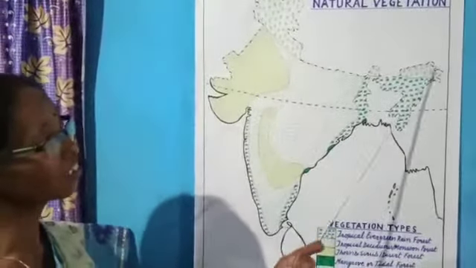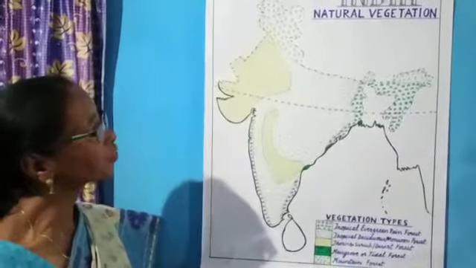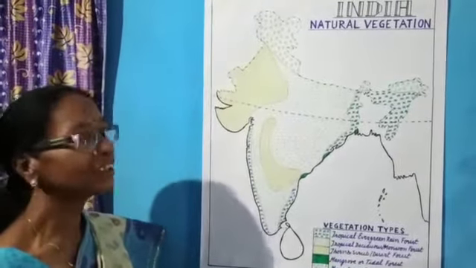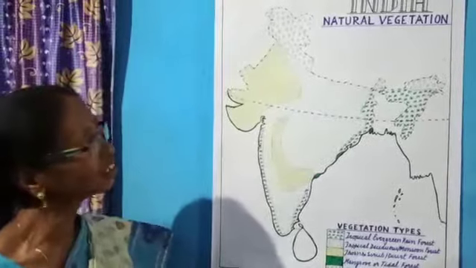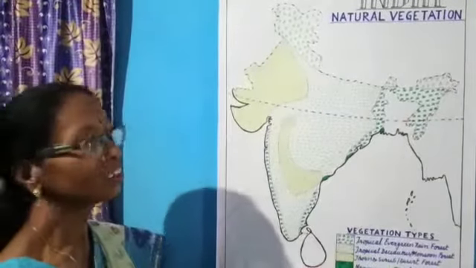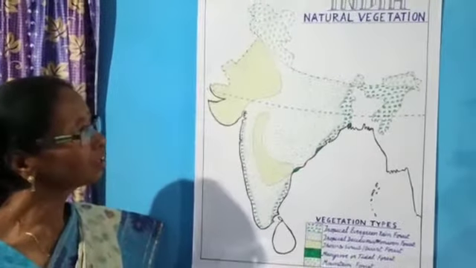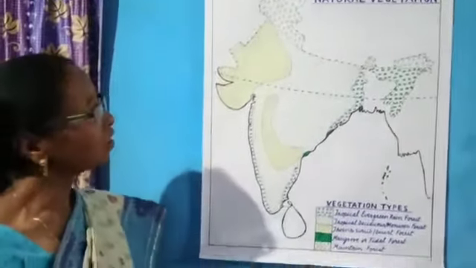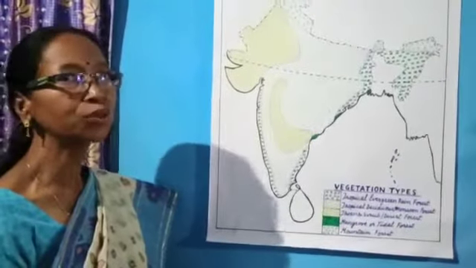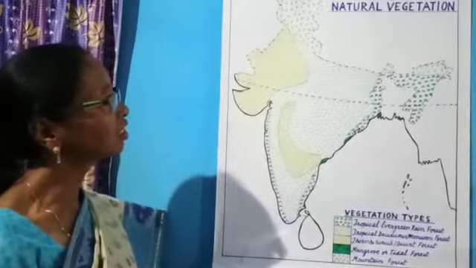of the Himalayas, there is less vegetation, and on the slopes at high altitude, there are coniferous trees. And at the foothills of the Himalayas, which are known as the Shivalik ranges, because of high temperature, there are deciduous forests. Broad-leaved trees are found in this region.